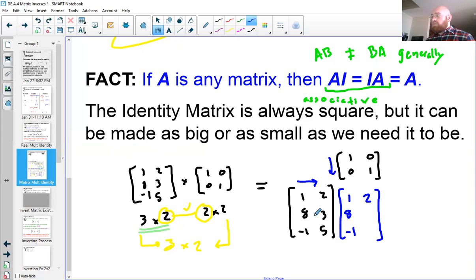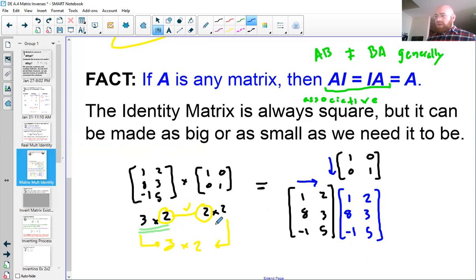And similarly, we have 8 times 0, 3 times 1, and then -1 times 0 plus 5 times 1. So we do still get the matrix that we started with by appropriately picking the identity matrix. So even though the identity matrix is always square, it still works for matrices of any size.